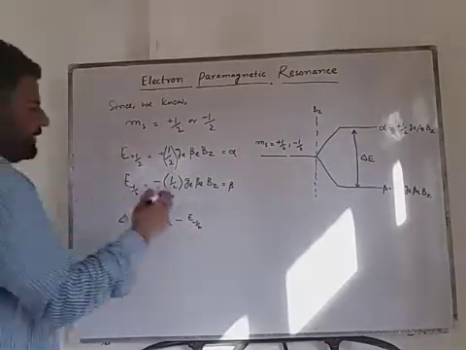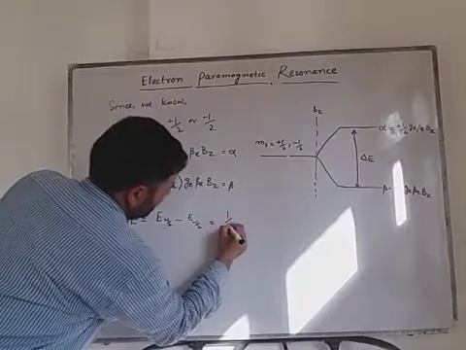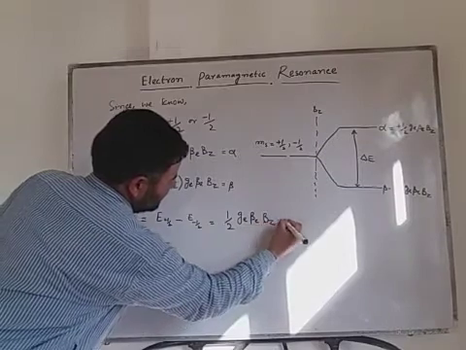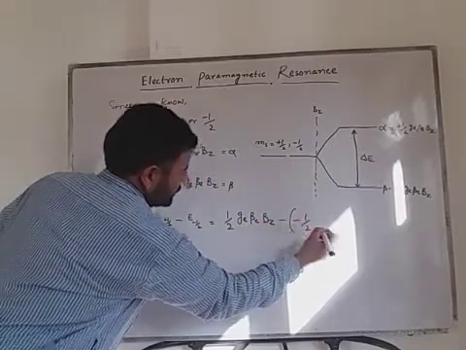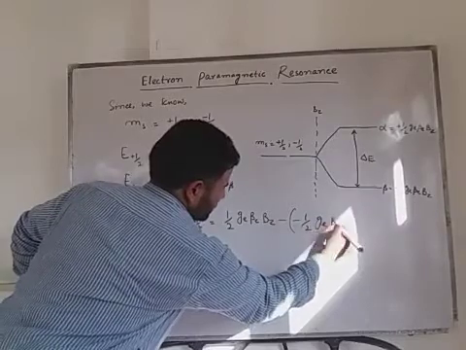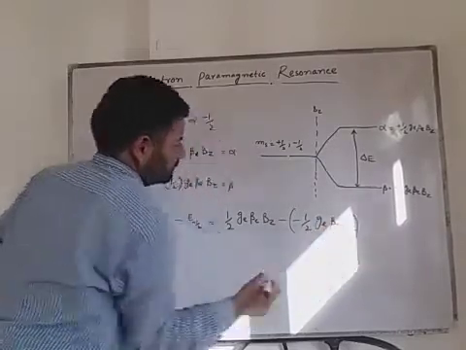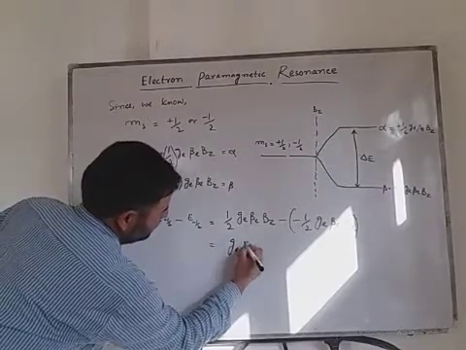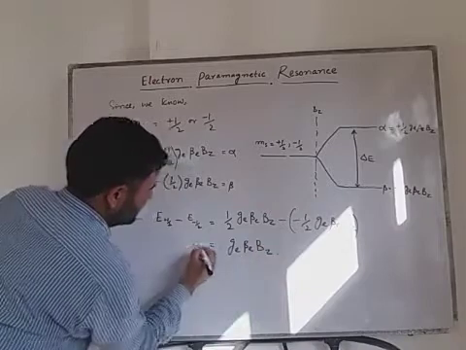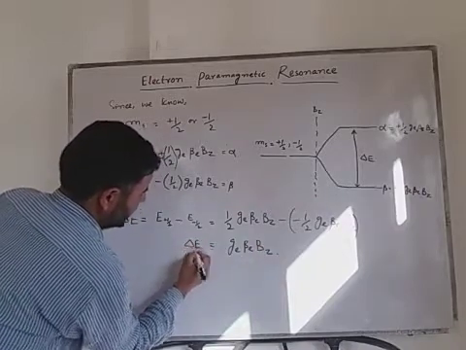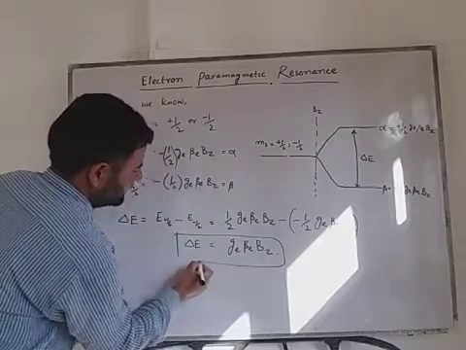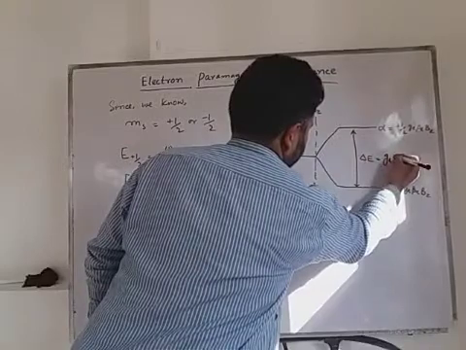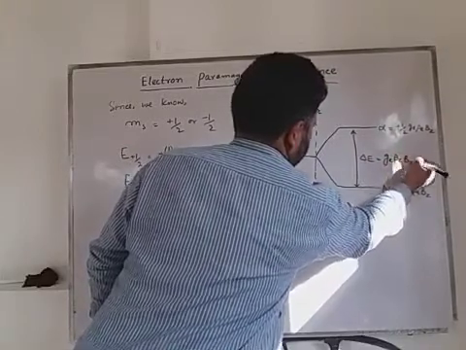It will be equal to 1 by 2 GE beta E Bz minus minus 1 by 2 GE beta E Bz. So it will come out as GE beta E Bz. Delta E, the difference in the energy levels, will be given by this equation. So this delta E will be equal to GE beta E Bz.